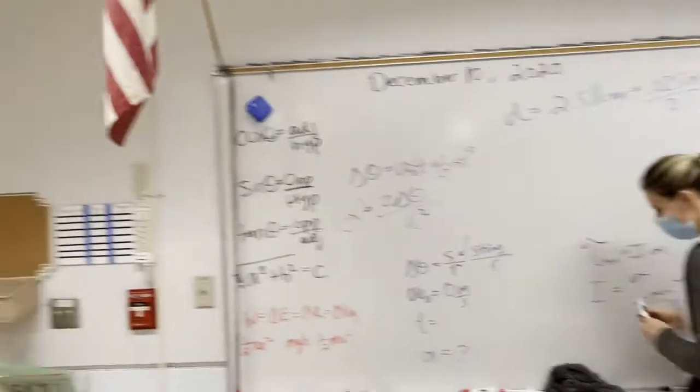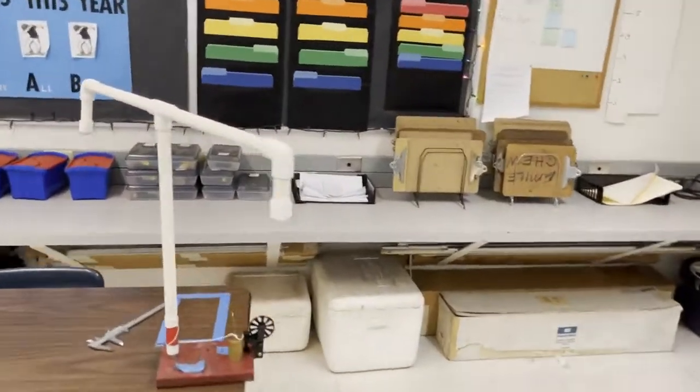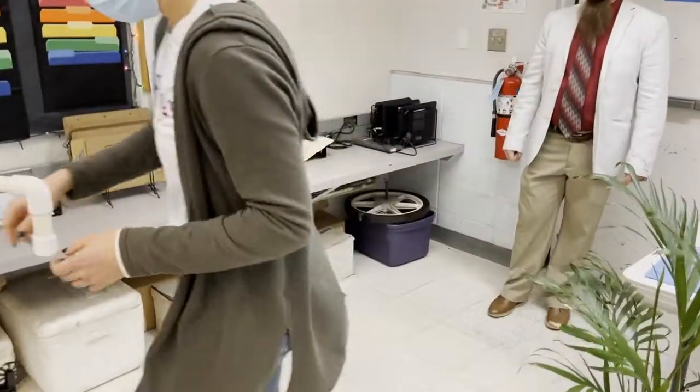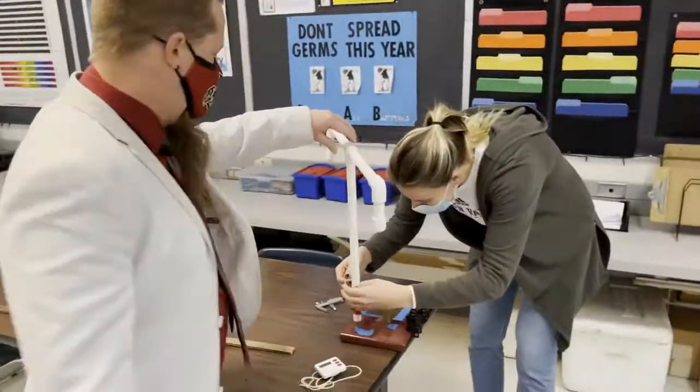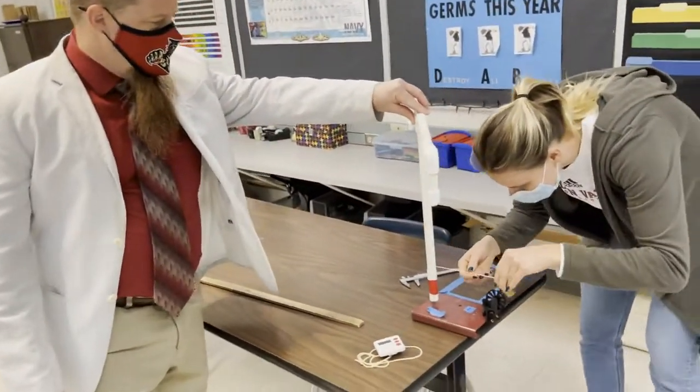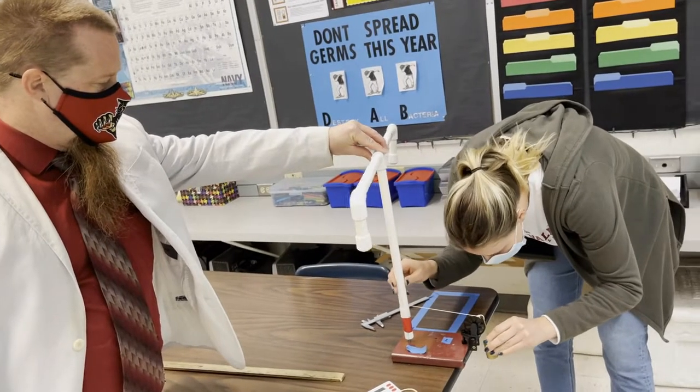Okay, what else do we have to find? We need to measure the height. Mr. Sergeant, would you hold the pipe so it doesn't turn? Otherwise I'm gonna whack myself in the face. Give me a little slack there.